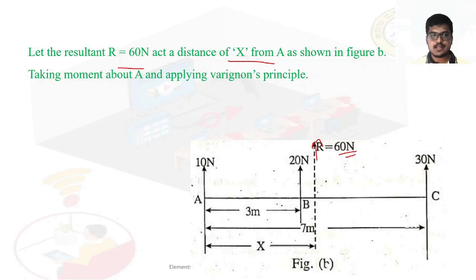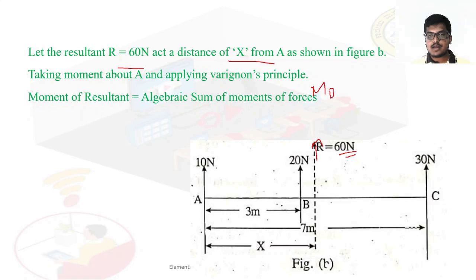How to take moment about A? See here. What is Varignon's principle? The moment of the resultant is equal to the algebraic sum of the moments of all the forces. That is, the moment of the resultant is equal to the moment of 10 Newton plus the moment of 20 Newton plus the moment of 30 Newton.